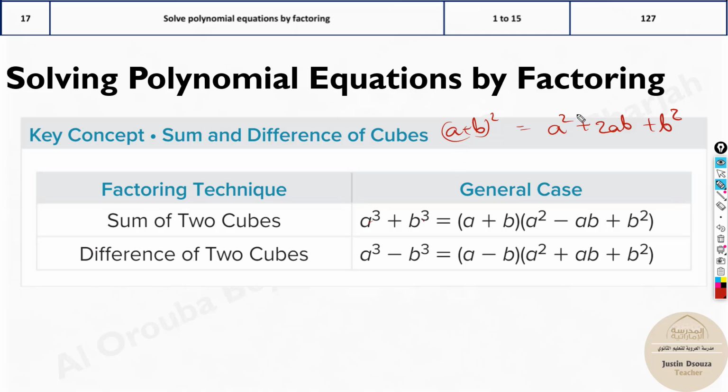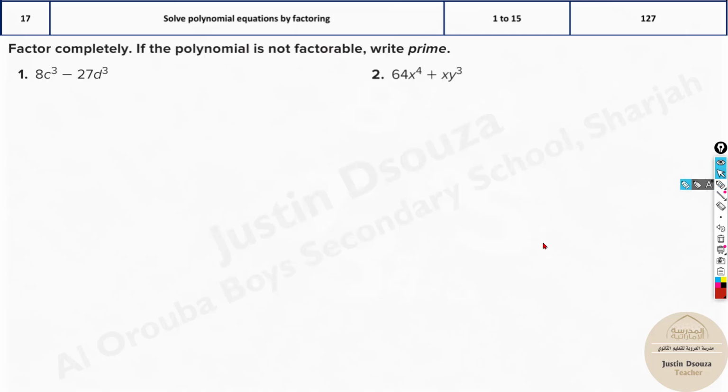And if it was minus, this would be minus, right? Similar to it, but there's no 2. But if it is plus here, already you're using plus, this will be minus. But if it's minus, you can see it's a minus b. And all these parts will be plus. A squared plus ab plus b squared. Please remember these formulas because they are very important to solve the problems.